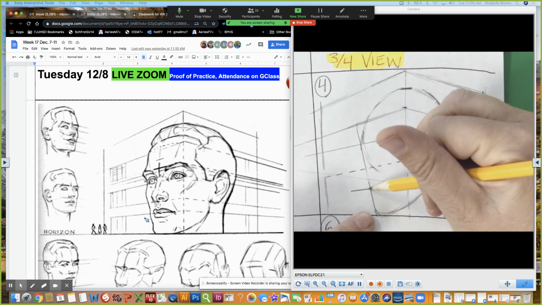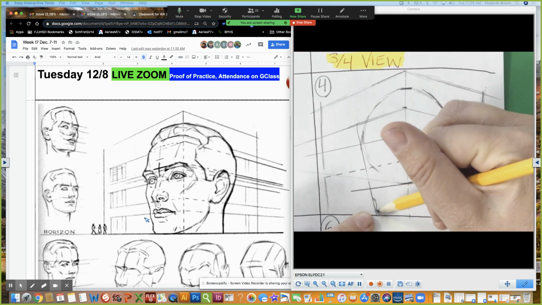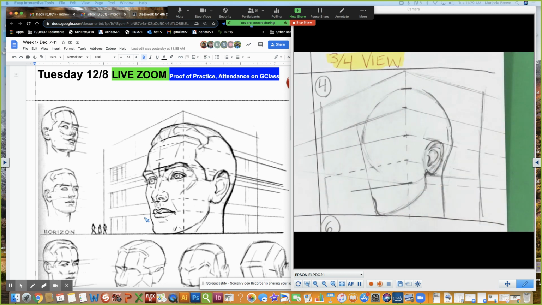I know it starts here, and then it goes out, then it goes in like that. It's not perfect. I might have to make more adjustments later, but it's not bad.